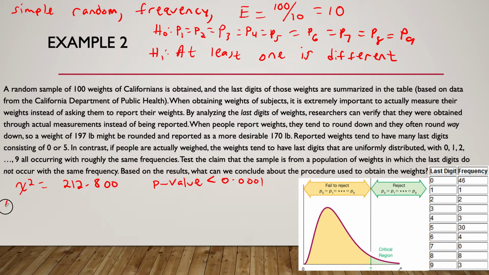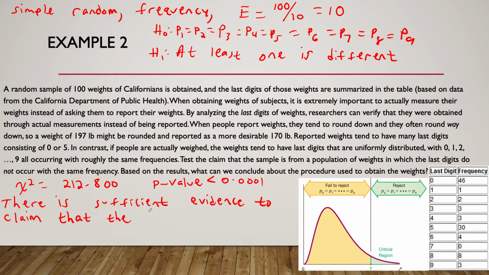So there is sufficient evidence to claim that the last digits do not occur with the same relative frequency.